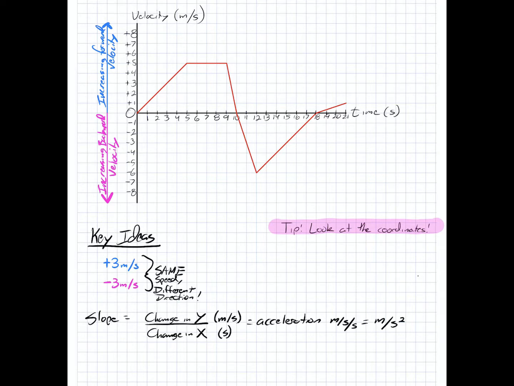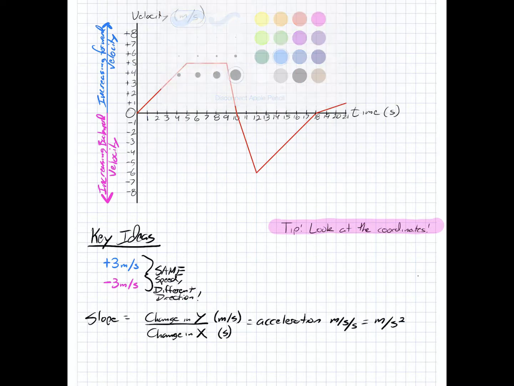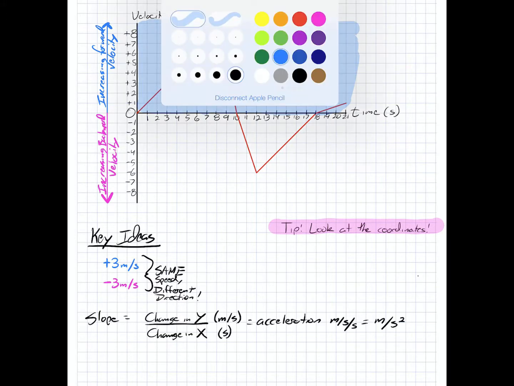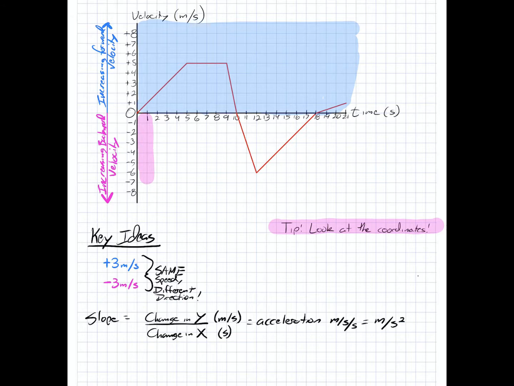Now, if the velocity at any given point is positive, again, that is forward motion. Sorry for all the pen marks here. So pretty much anything above the x-axis, so where I'm marking this blue area, is going to be forward motion, okay? And you guessed it, anything below the x-axis here and below is going to be backwards motion.